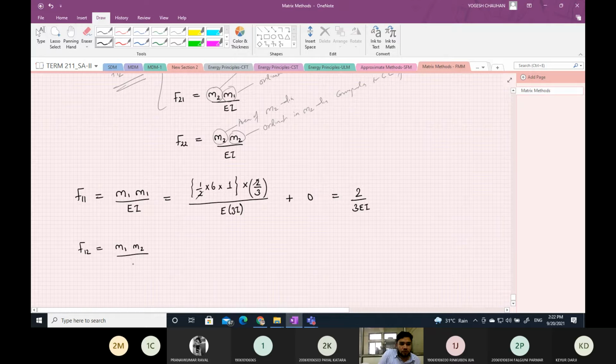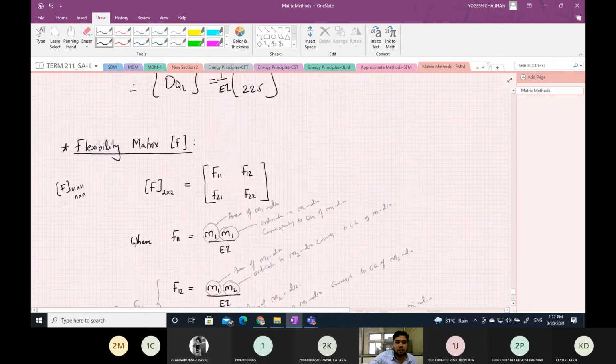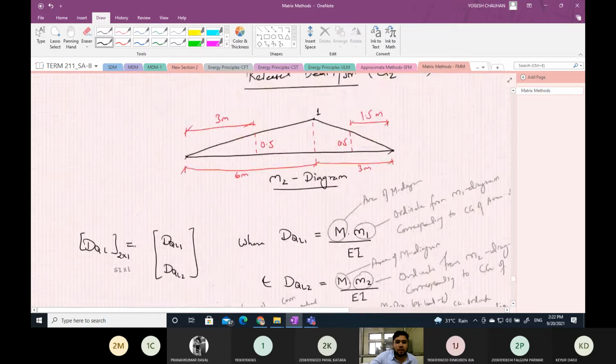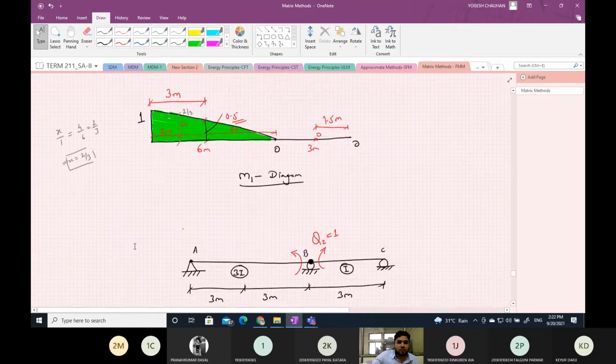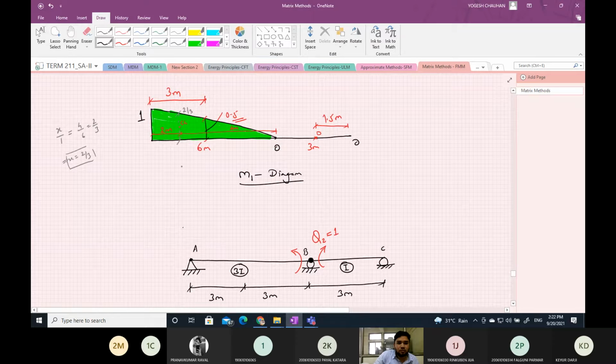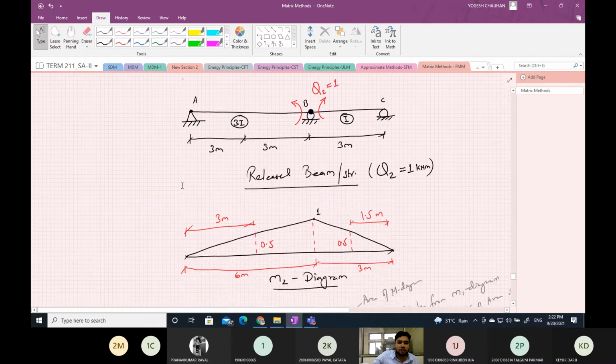Now m1 m2 by EI. The area of the M1 diagram will be the same as this, so 1 by 2 into 6 into 1. Now you have to take the ordinate in the M2 diagram. The CG of the M1 diagram is at 2 meter, so you have to take the corresponding ordinate in the M2 diagram.